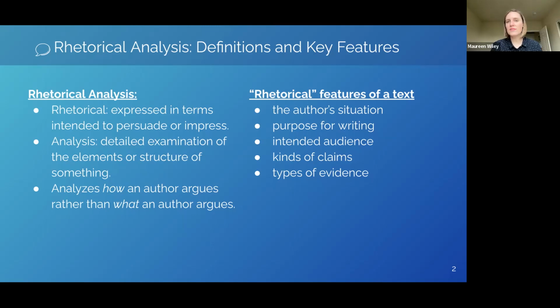So the kinds of claims that they're making, are they making sort of more fact-based, scientific-based claims? Are they looking at things and formulating opinion or subjective kinds of claims? And this also ties into looking at the evidence that they use. So obviously, persuasive arguments can be made with a variety of different types of evidence.